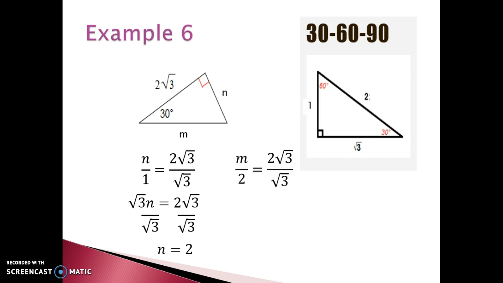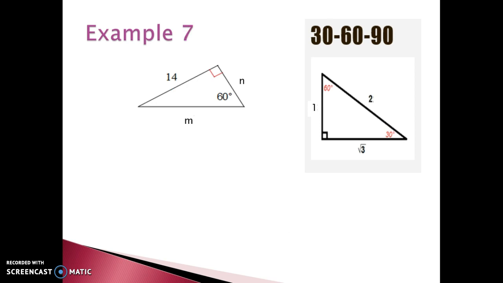I got to set up a proportion again, so this time I did hypotenuse of the new over the hypotenuse of the original is equal to long leg of new over long leg of the original. I cross multiply, and I divide by the square root of 3, and so m is just equal to 4.